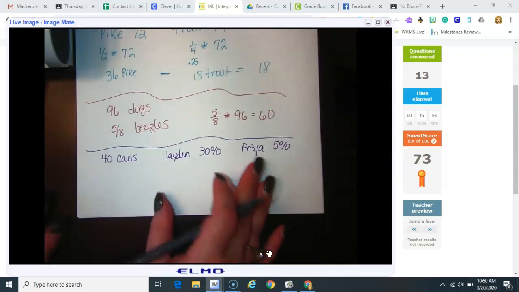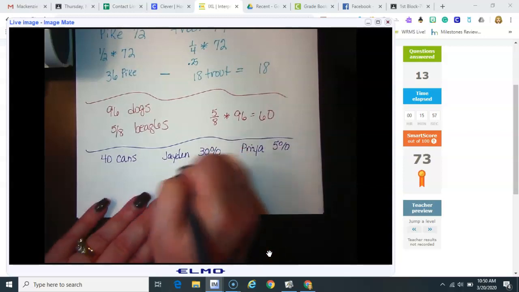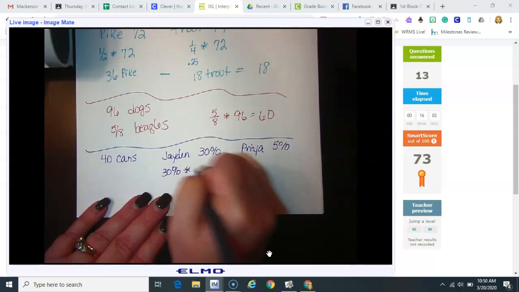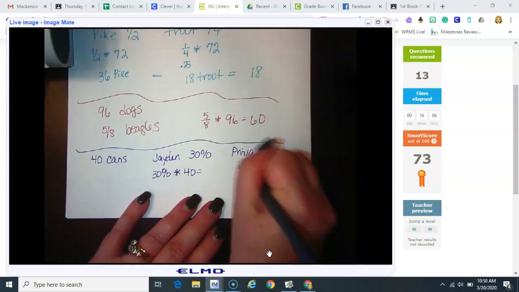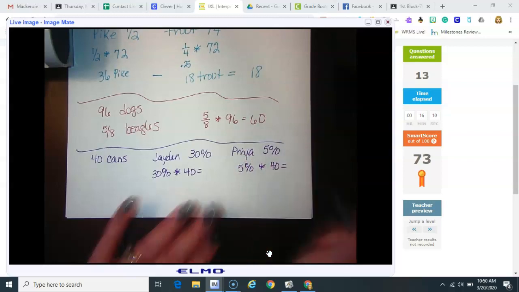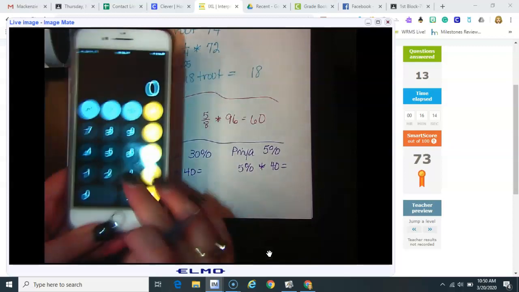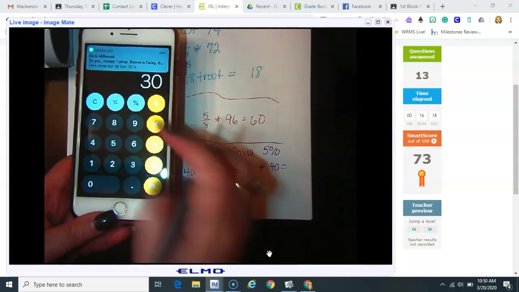So you could just find out what 30% of 40 is. 30% of, so times 40. And you could find out what 5% of 40 is. And I could do it like that. So 30%, and if you're using a calculator and an iPhone, it has a percent button.